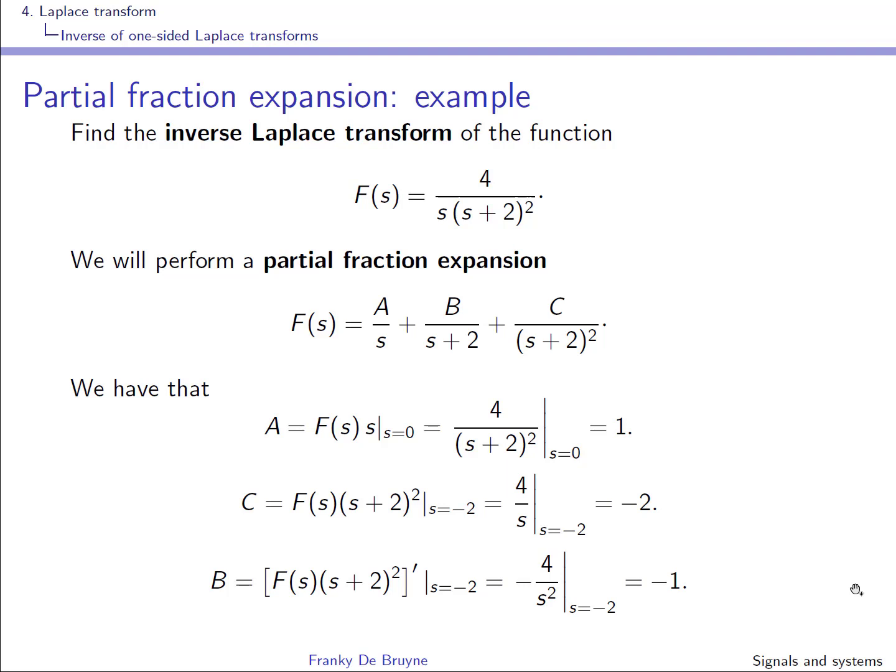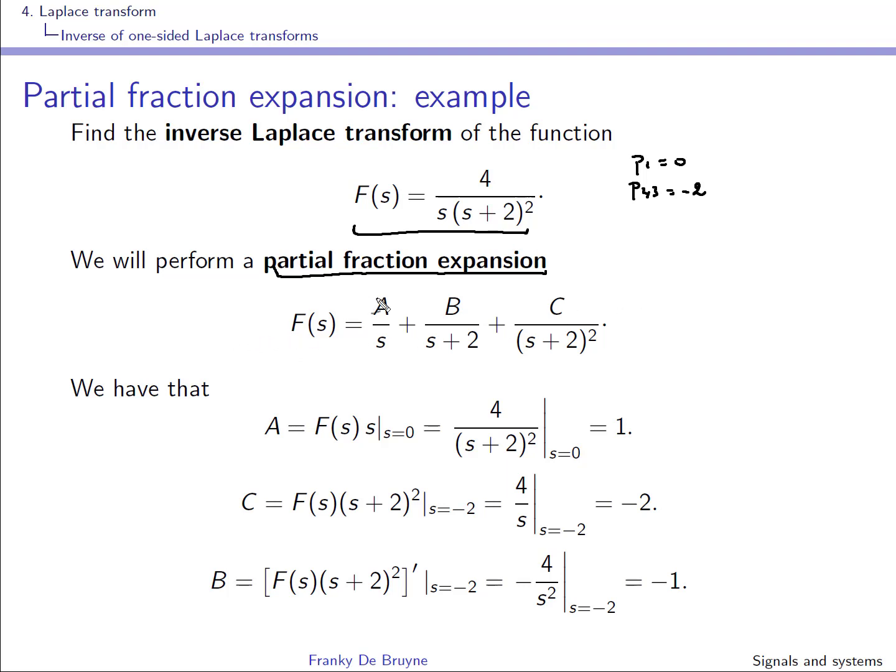So let us take an example and obtain the inverse Laplace transform of this rational function over here. We have a simple pole at 0 and a double pole at -2. If we write the partial fraction expansion, this is what we obtain. Again, a third order polynomial, so we expect 3 constants.